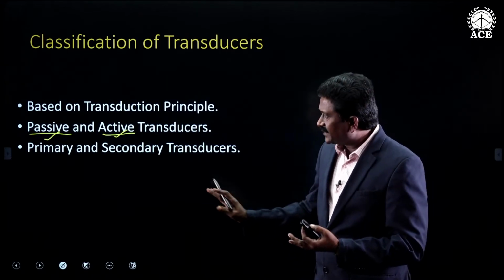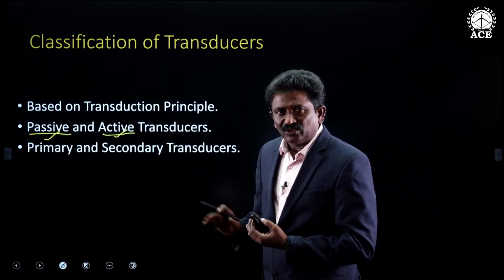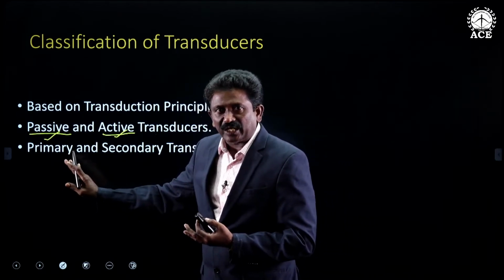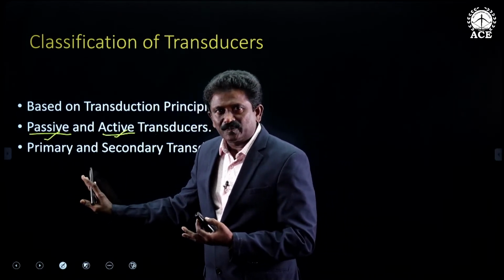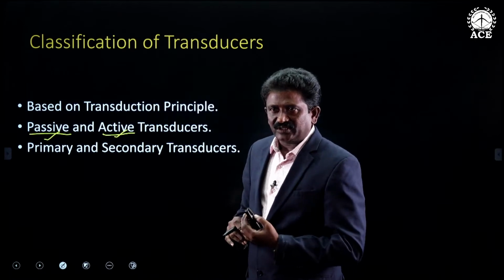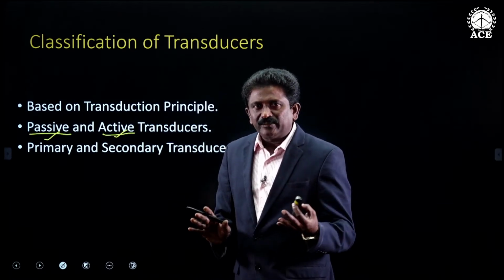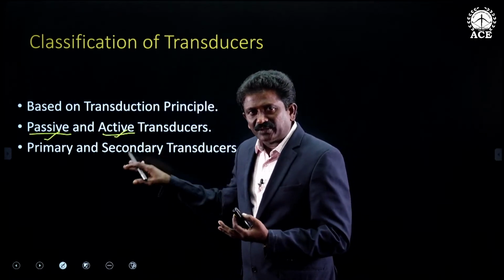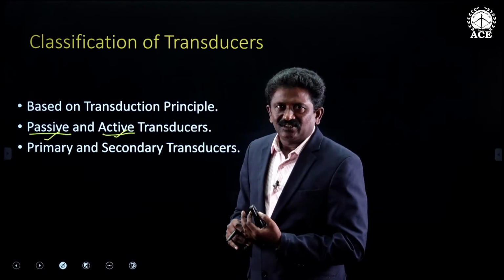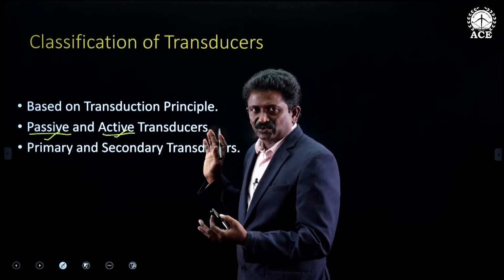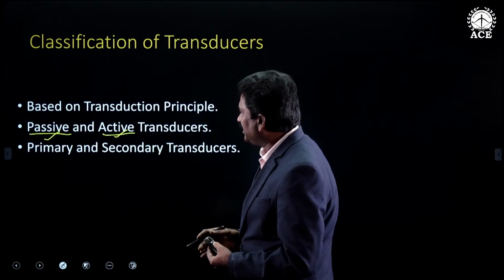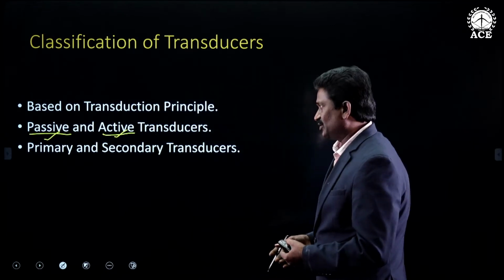So next, to run the secondary transducer, you should provide the output of the primary transducer to the secondary transducer. That means here the output of the primary transducer is the input of the secondary transducer. So in that case, that will give some output. So this is the function of the primary and secondary transducers.